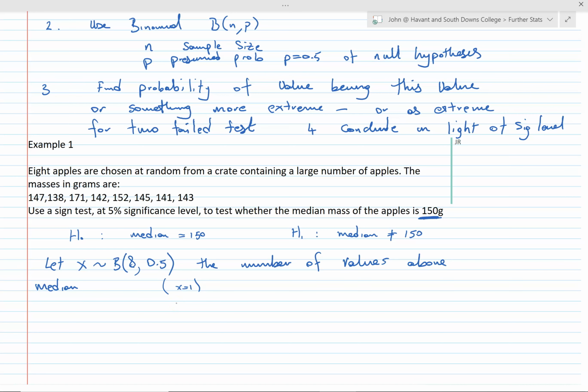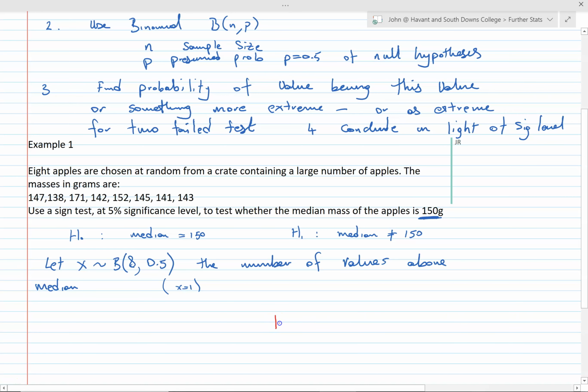I mentioned in two-tailed tests we have to be a little bit careful. So here, we've got 9 possible values for our binomial. I'm going to draw the graph. You wouldn't necessarily have to do this to actually do the test, but I'm just doing it to demonstrate my point.